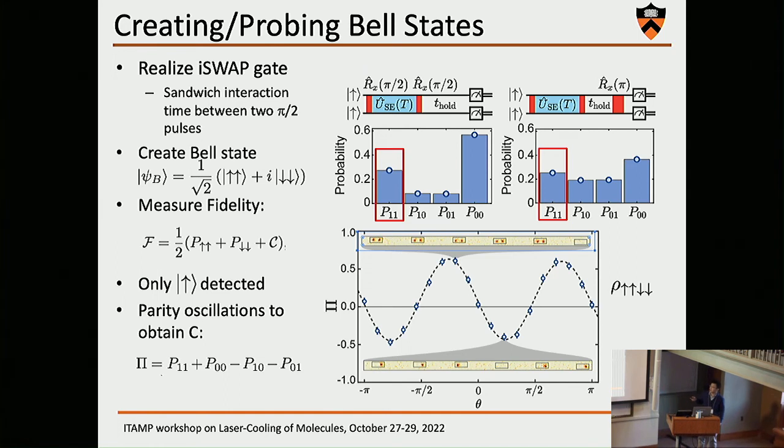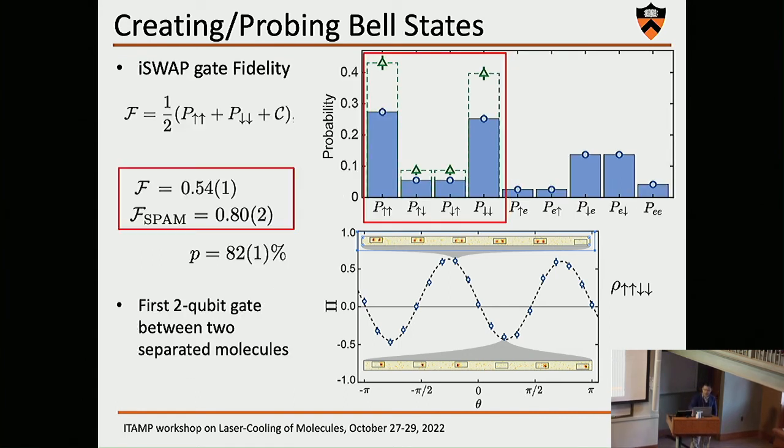In particular, if you sandwich interaction time between two pi/2 pulses, it exactly realizes an iSWAP gate that Coherent proposed, and it creates this particular Bell state of down, down, plus up. I won't go into details here, but you can measure the fidelity of creating this Bell state simply by measuring the population and also the coherence in the density matrix.